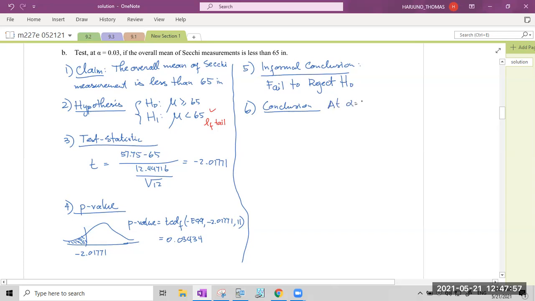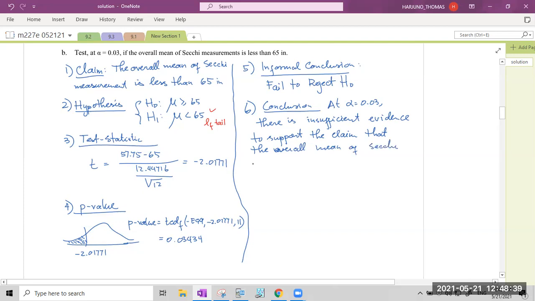At alpha equals 0.03, there is insufficient evidence to support the claim that the overall mean of Secchi measurements is less than 65 inches.